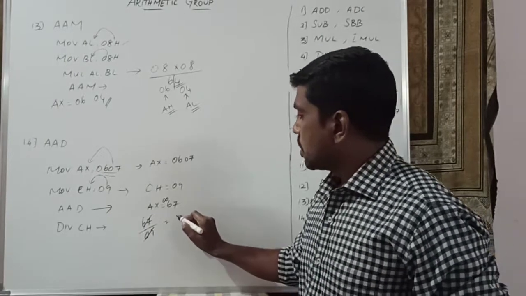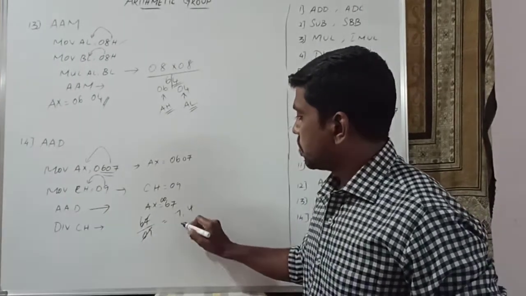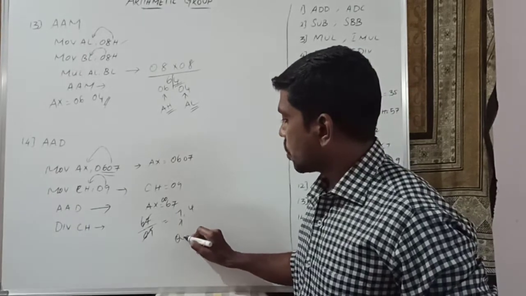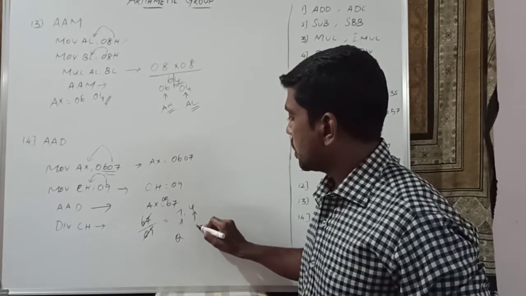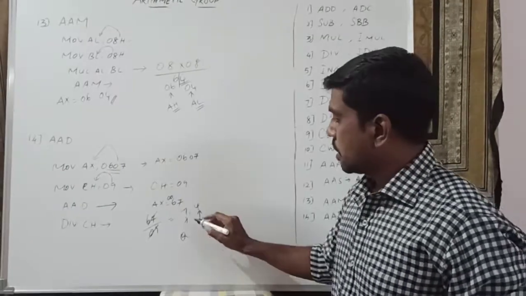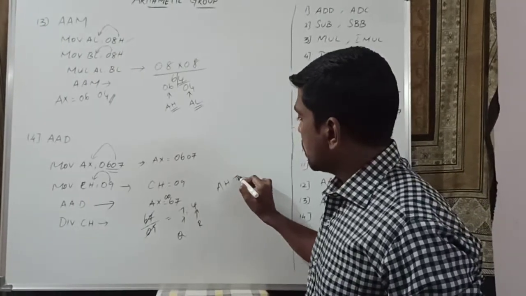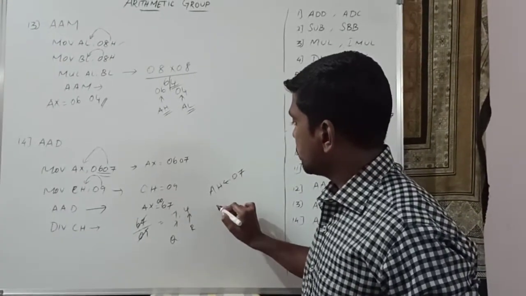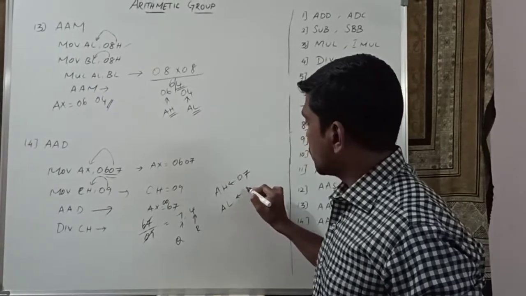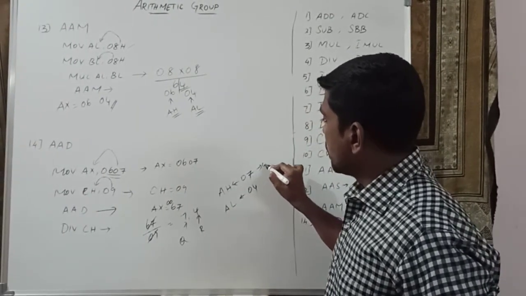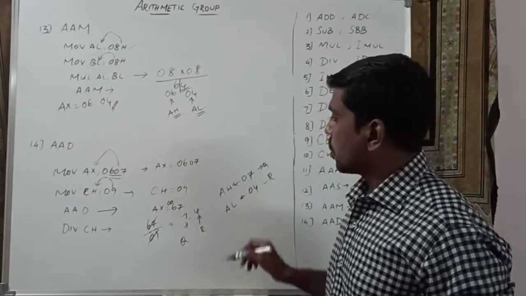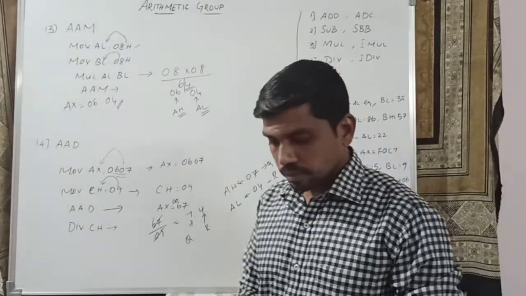The result is 7 and 4. The 7 is the quotient and the 4 is the remainder. The AH register holds 04, the AL register holds 07, representing the remainder and quotient.